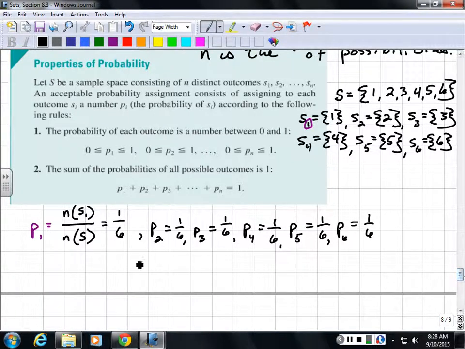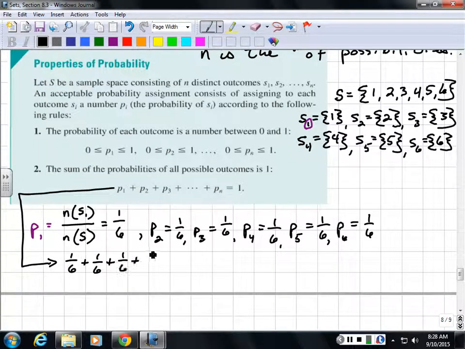So that means that, well, let me do this. This right here means that I can take 1/6 plus 1/6 plus 1/6 plus 1/6 plus 1/6 plus 1/6, add them together and get 6 over 6, which is equal to 1. Okay?